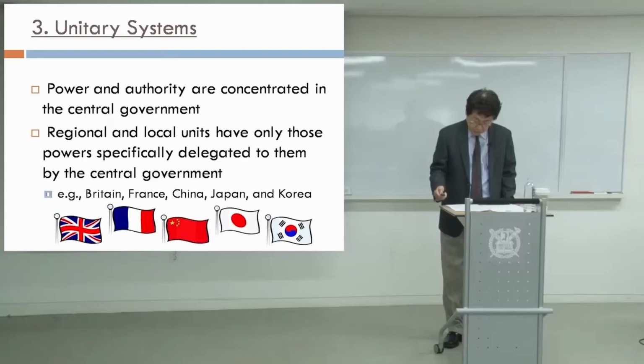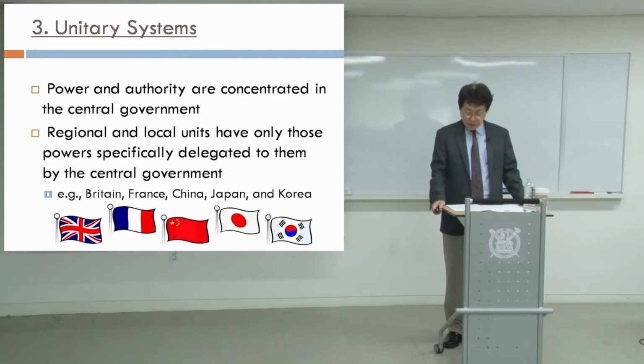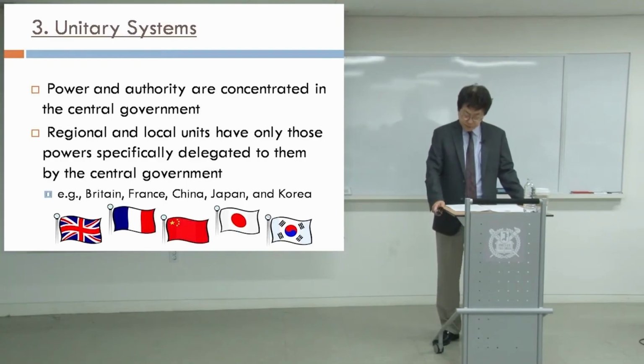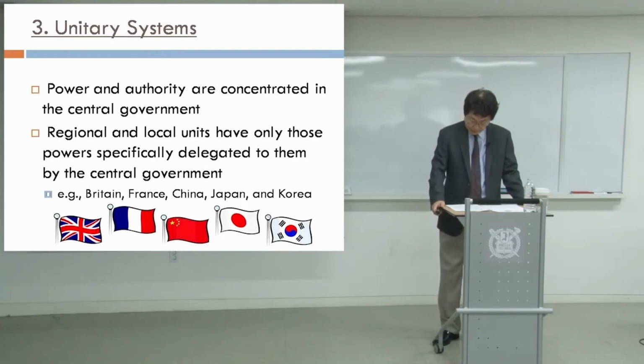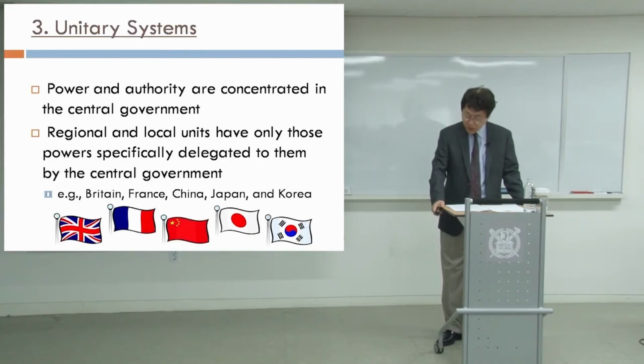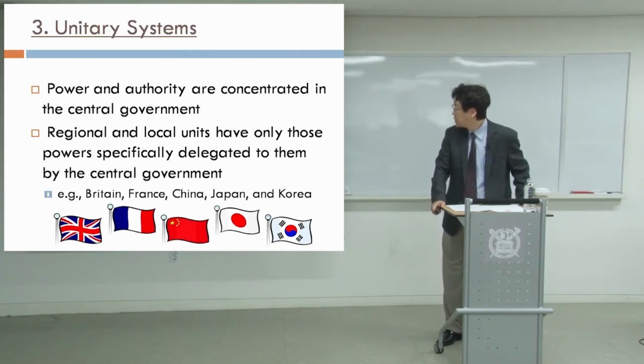And the regional and local units have only those powers specifically delegated to them by the central government, which may change or withdraw these powers at will. So in a unitary system, the central government delegates power or gives power to the local government. And the local government can actually exercise only that power.